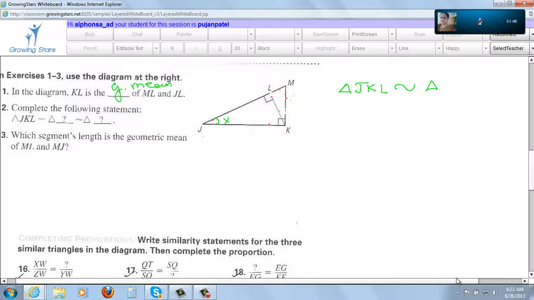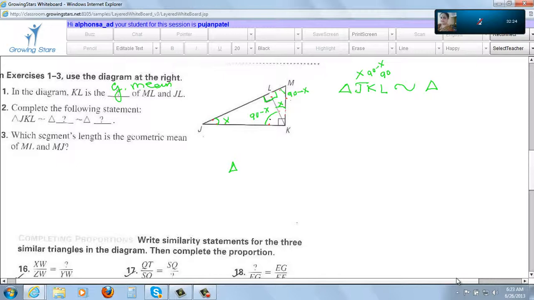And you have a 90 here, so this is going to be 90 minus X. So the rest of it is going to be X. You have 90, and this is 90 minus X. Okay, so now let's go JKL: J is X, K is 90 minus X, and L is 90. So in that order, you can write the triangle.